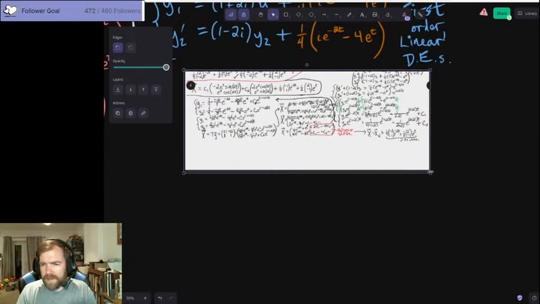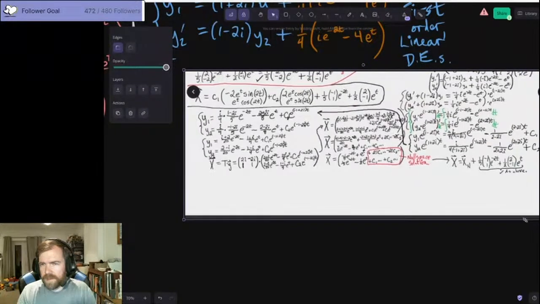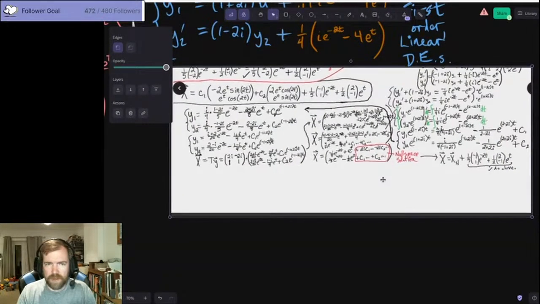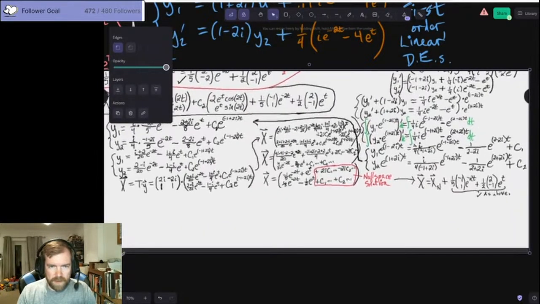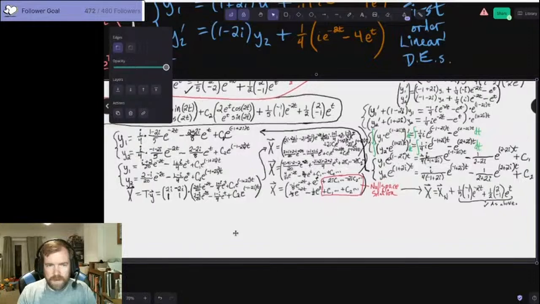So yeah, as anybody who's in can see, this is getting a little much, in addition to the fact that I just write small when I can. We're separating out the differential equations. We end up with our y1 and our y2 here. Eventually we get to the end, and then we say, oh, by the way, x is going to be T times y, so now we take our T matrix, 2i 1, negative 2i 1, and multiply by the solutions to the y's we just found.